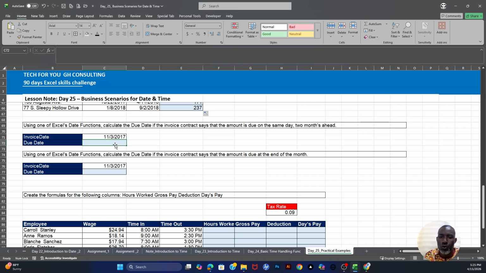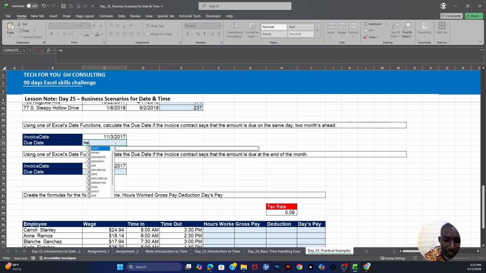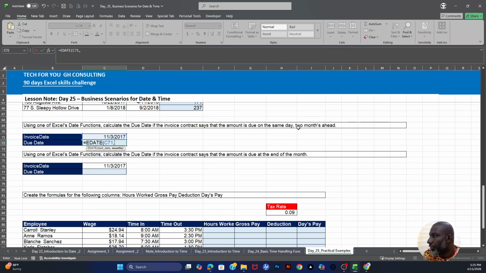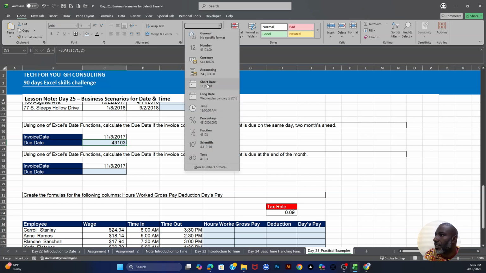So if it is due on the same day 2 months ahead, then we use a function called EDATE. EDATE will take the start date and then the number of months we are projecting. So here we are projecting 2 months ahead. Hit enter, and then it gives you a number; it's just a number formatting issue. Go to the home tab, go to number formatting, and select short date.